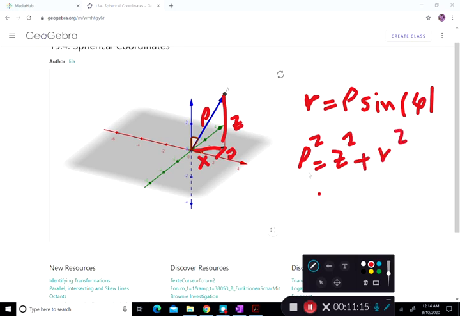But what was r squared? It was x squared plus y squared. This helps with remembering how these coordinates relate to each other.